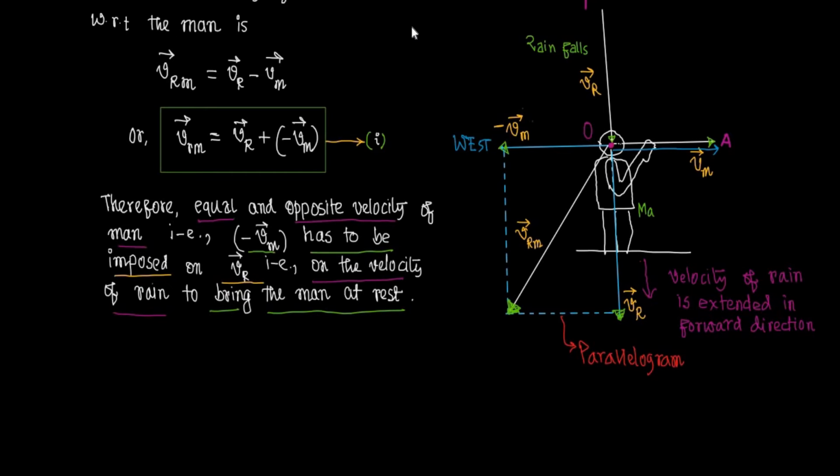That is the relative velocity of the rain with respect to the man.